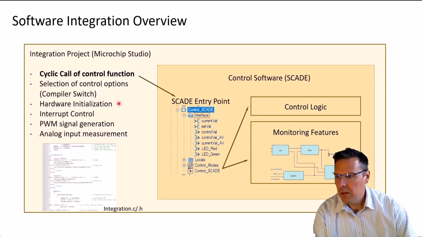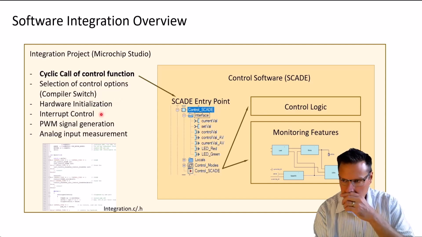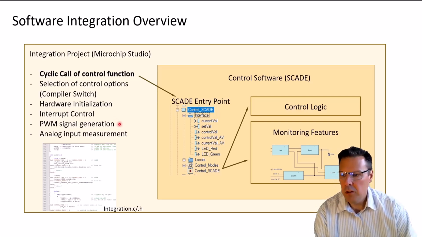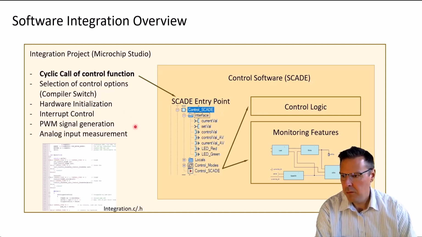Yeah, as I said, the hardware initialization is done here. The interrupt control initialization is done here. And in this example, also the PWM signal generation for driving the motor is done here, as well as the analog input measurement. All of these things are quite timing critical. That's why I decided to do them here.